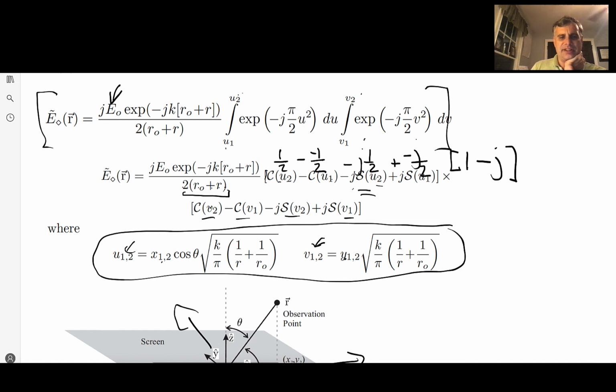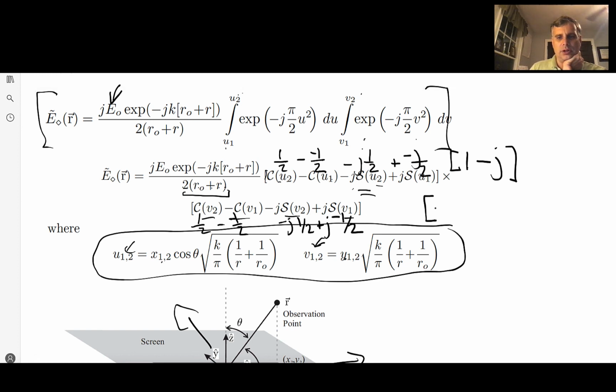If I do the same thing with this limit with my infinite rectangle, I get a 1/2 minus a minus 1/2, and then I get the same thing here, minus j times 1/2 plus j times minus 1/2.